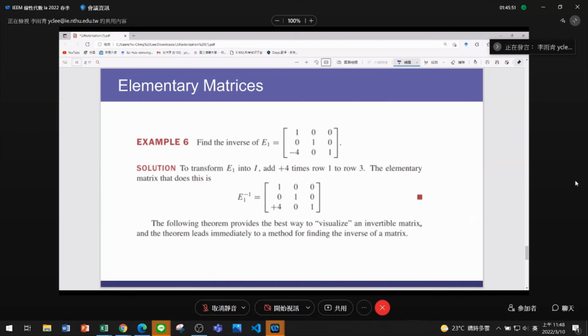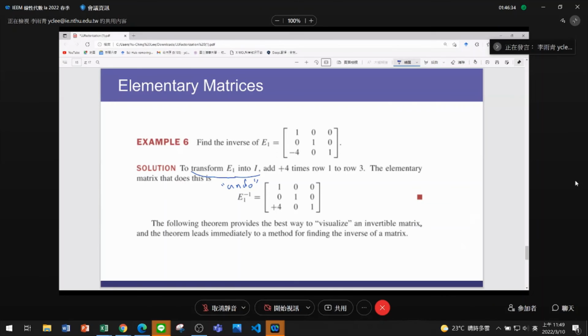Okay, then next, in this example, we are asked to find out the inverse of elementary matrix. So since this is an elementary matrix, we can first analyze what it means. How do we undo the things we have done on the identity matrix? So we are going to transform E1 into identity matrix. Again, this is an undo action.